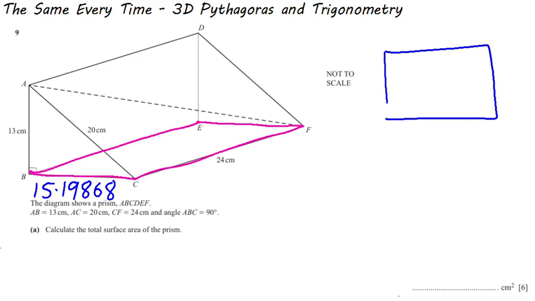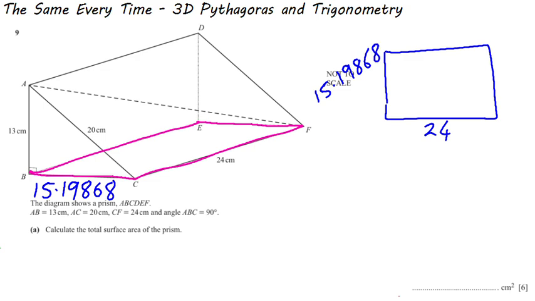One side is 24 centimeters, from C to F, and the other side, B to C, is the calculation we just did, 15.19868.